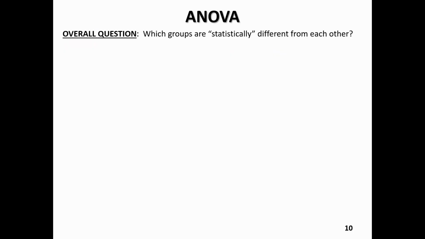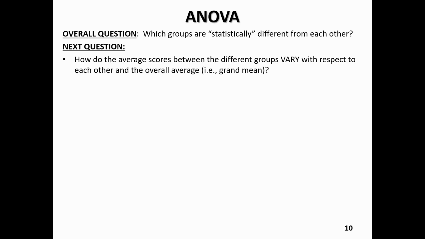So the overall question we're asking here is, are the groups statistically different from each other, and if so, which group is different? Essentially here we want to ask, how do the average scores, those are the scores we saw at the bottom of the table on slide number 9, vary with respect to each other, and how do those vary with the grand mean?